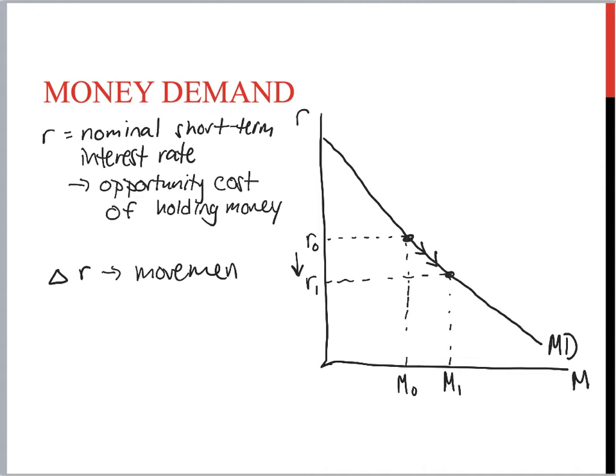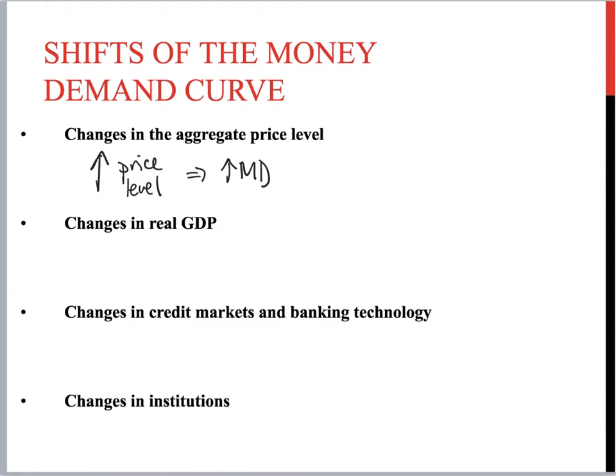So a change in the interest rate is a movement along the money demand curve. So now we want to think about the factors that might shift the money demand curve. So regardless of what the interest rate is, they change the amount of money that people want to hold. So that brings us to the factors that shift the money demand curve.